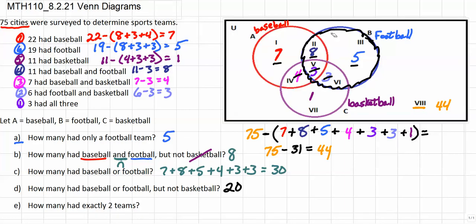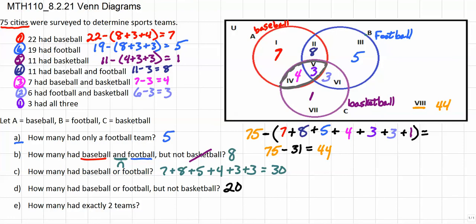And then we're going to ask the question, how many had exactly 2 teams? Well, in order to do that, we need to look at our numbers and our intersections. Now, we want to find where they overlap. How many had exactly 2 teams? Well, that's going to be in this general region here.